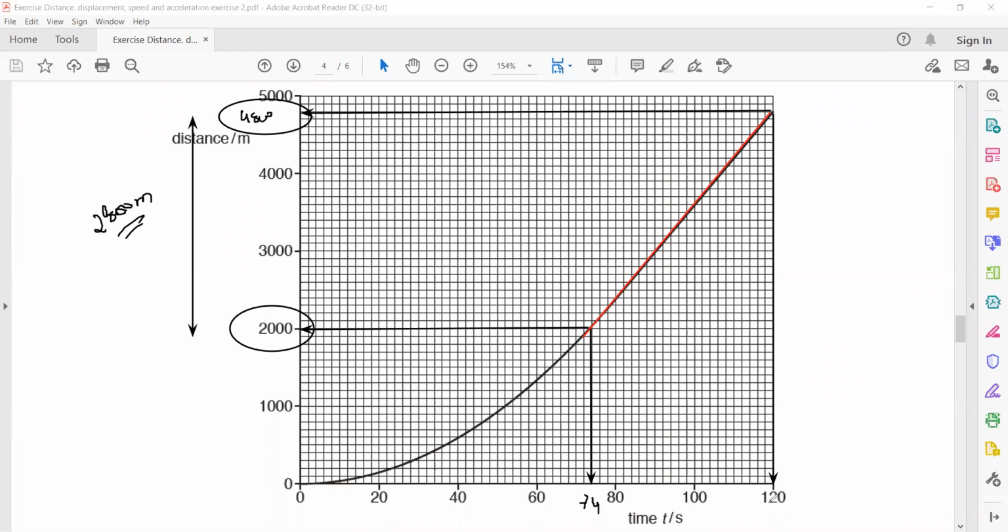So this is 74 and 120. So the time interval is from 74 to 120. So 120 minus 74 is equal to 46. So it took 46 seconds to cover this 2800 meter.